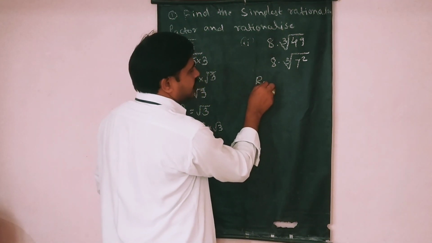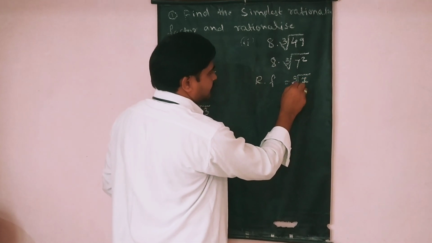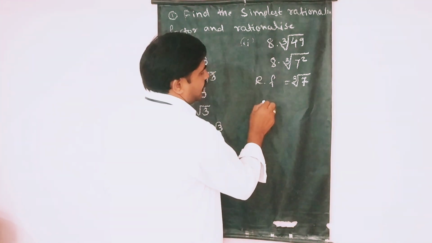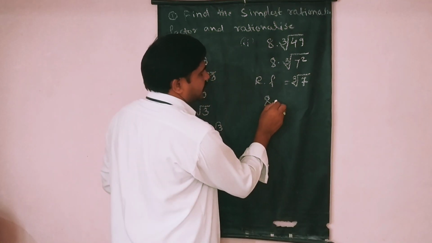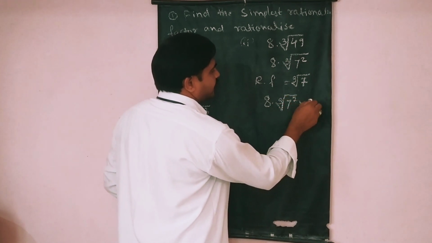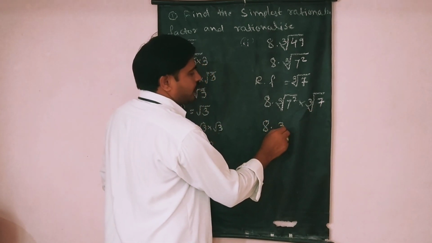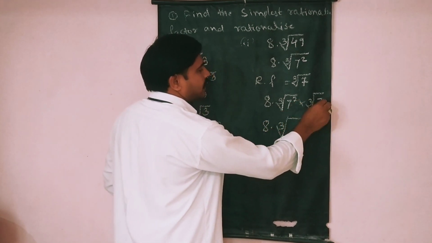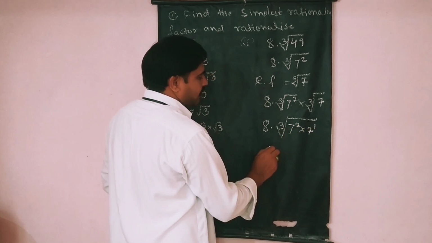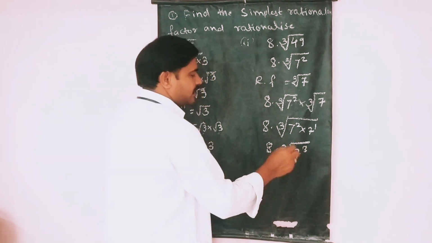That is, the rationalizing factor of the given irrational number is cubic root of 7, and multiply it. 8 into cubic root of 7 square into cubic root of 7. 8 into cubic root of 7 square into 7. 7 square into 7 is 7 power 3. 8 into cubic root of 7 power 3.